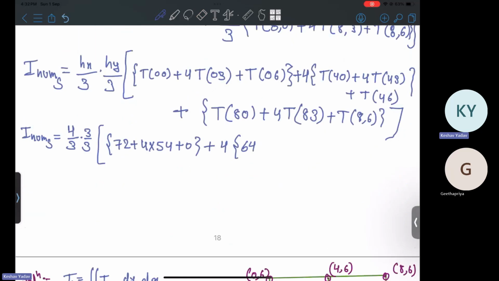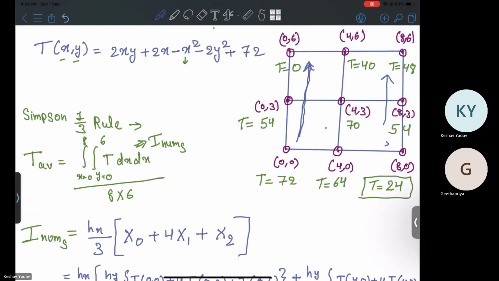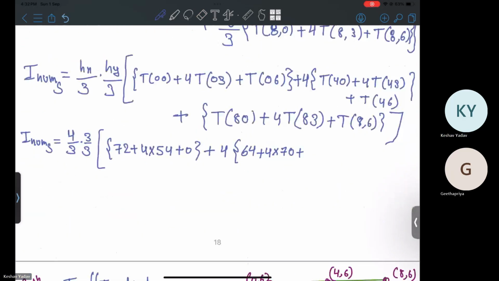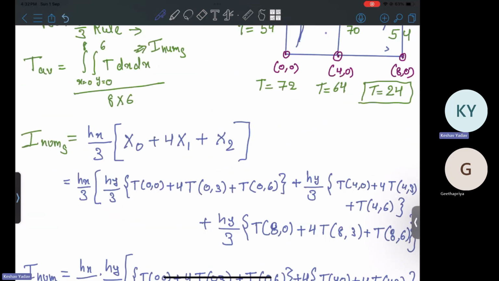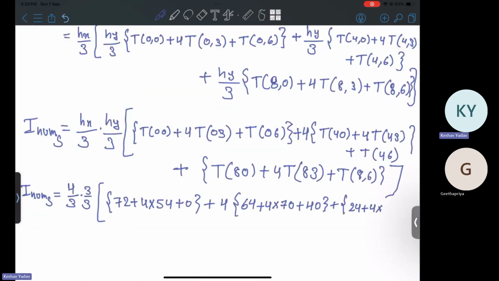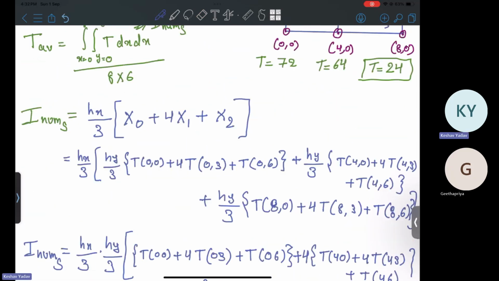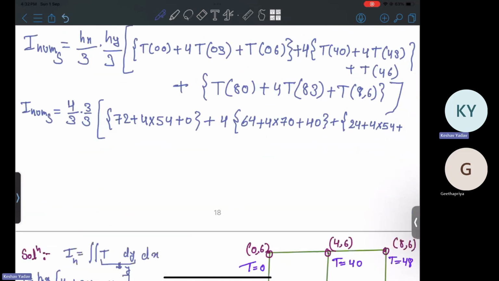Then 70 plus 4 times 70 plus 40, plus, now here the lowest one, 24 plus 4 times 54 plus 48, I guess. Yeah, 48.